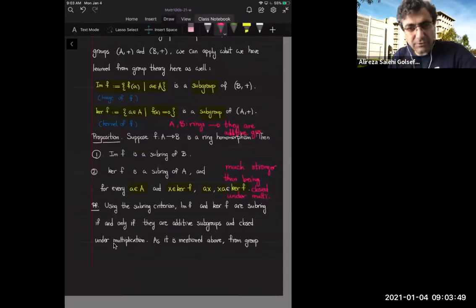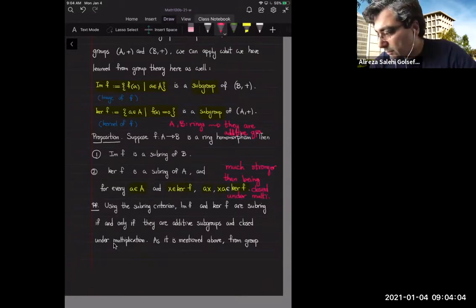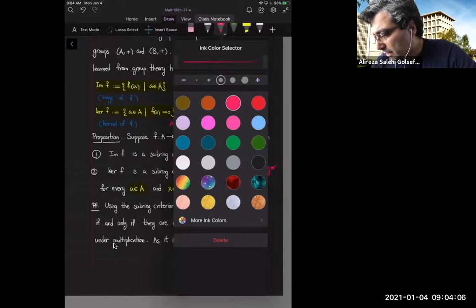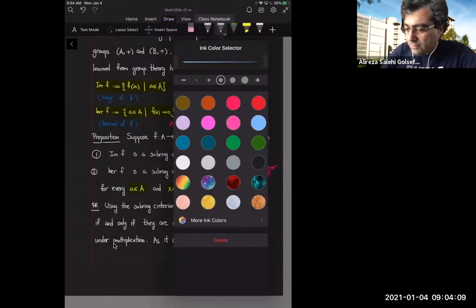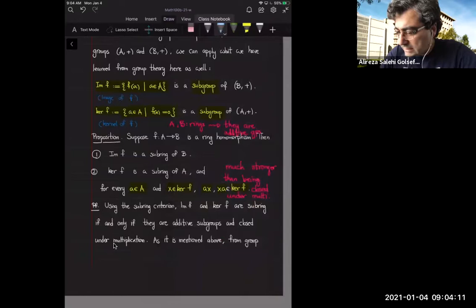The closure under difference we get for free from group theory, where we showed that the image of f and the kernel of f are both subgroups, so automatically they are closed under taking difference.